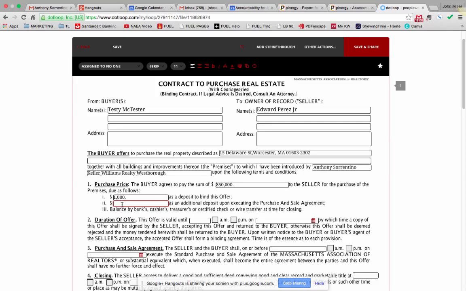So traditionally in the past, you would take the purchase price of $850,000 and multiply that times 5%, and in this case it would be $42,500. Then we'd subtract the $1,000, which would make it $41,500.